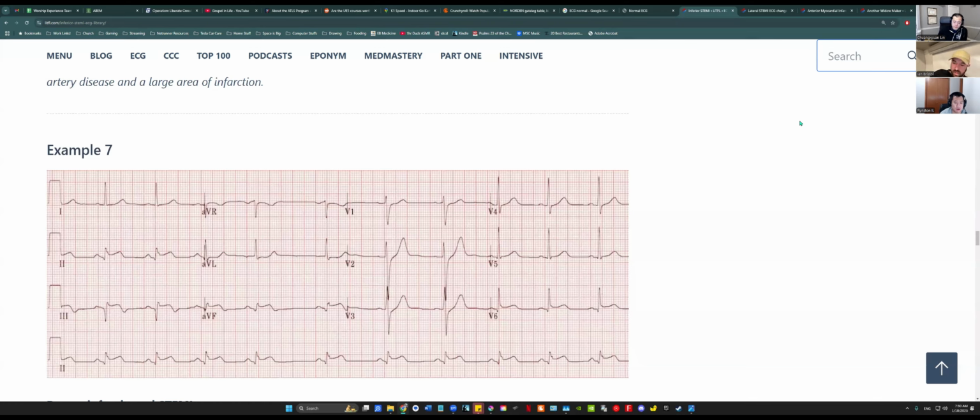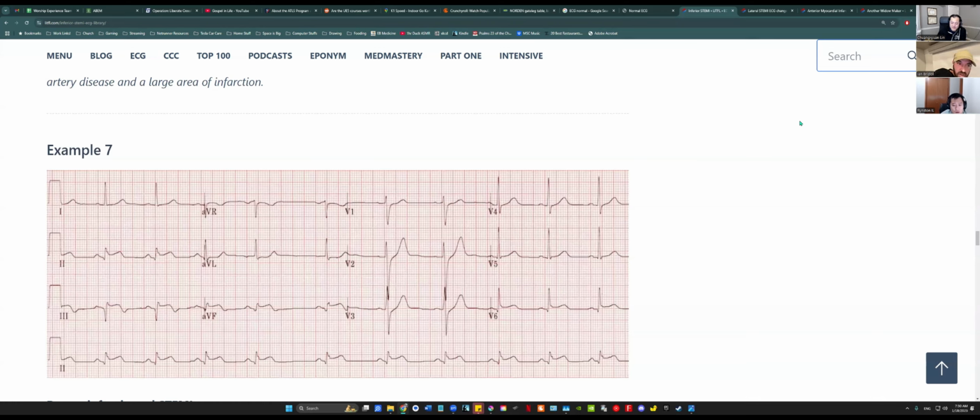So 2, 3, aVF, I see a STEMI, or I shouldn't say that, I should say elevation.